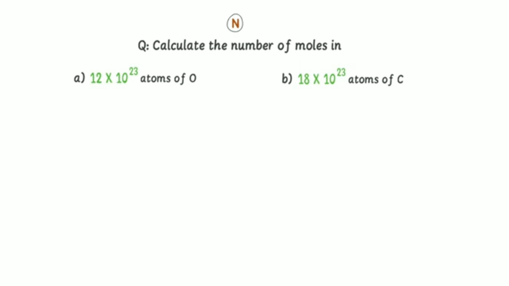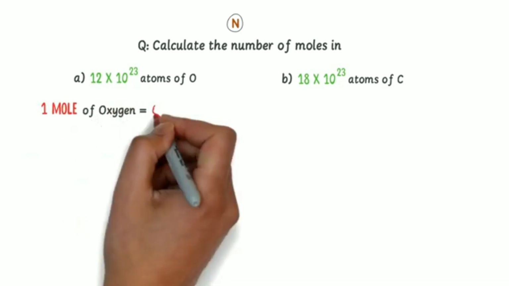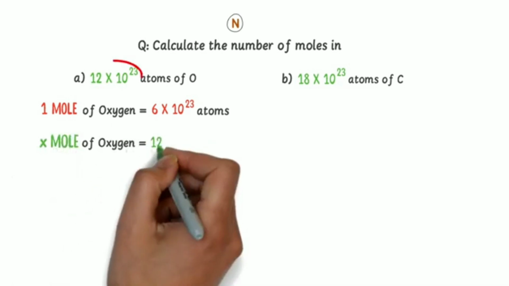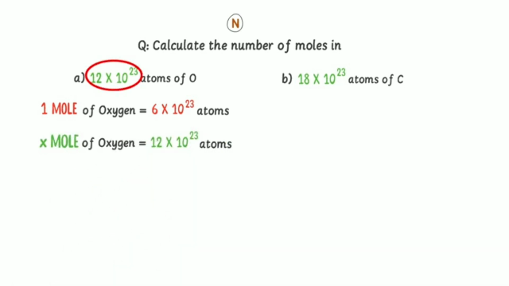Now in case of oxygen, we say that 1 mole of oxygen atom contains 6 into 10 to the power 23 atoms. Note it down that I use 6 into 10 to the power 23, not 6.023 into 10 to the power 23, just for easy calculation. Let in X moles, there are 12 into 10 to the power 23 atoms of oxygen present.